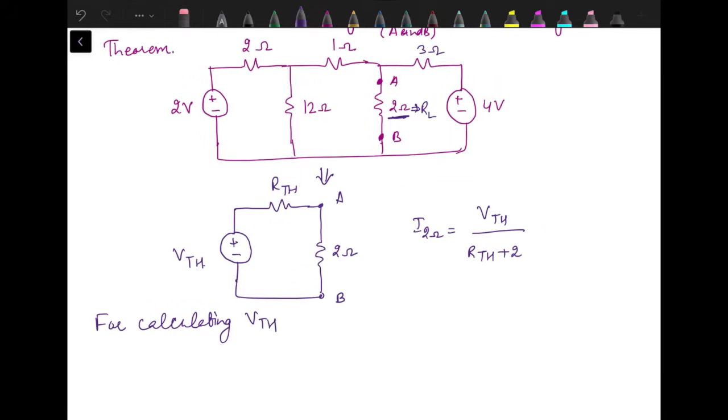For calculating VTH, let's draw the circuit. These terminals A and B should be open circuited because this 2 ohm resistance should be removed from the circuit as it's a load.